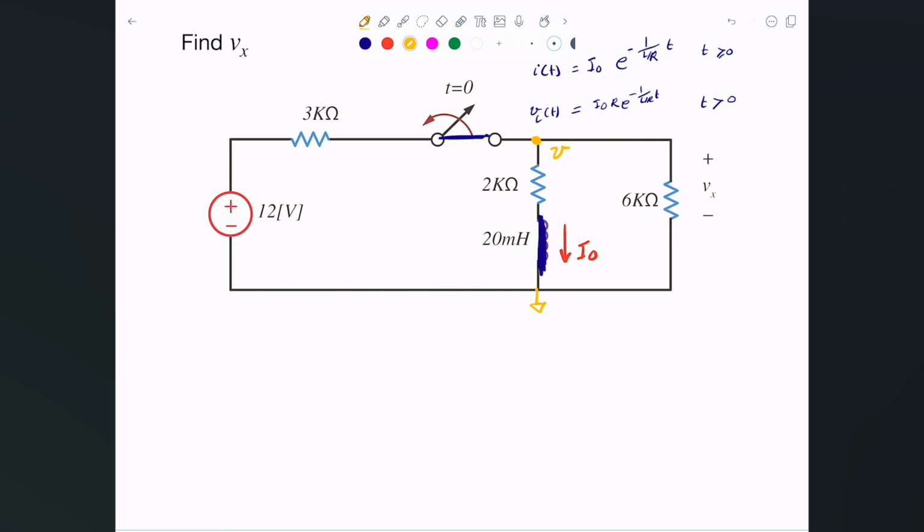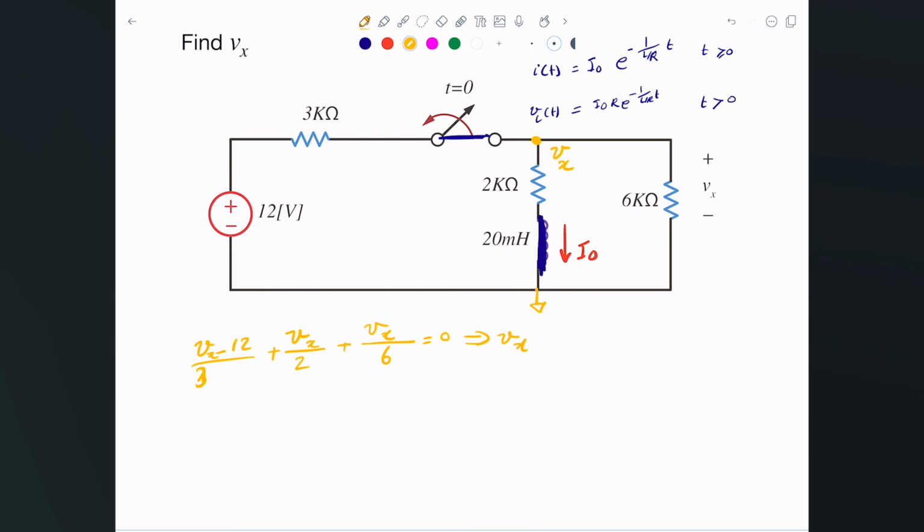Actually, this is the same as Vx, so instead of calling it V1, I'll call it Vx. That's what we're after. So Vx minus 12 divided by 3 kilo ohm, plus Vx divided by 2 kilo ohm, because this does not exist, it's just a wire, plus Vx divided by 6 kilo ohms equals 0.